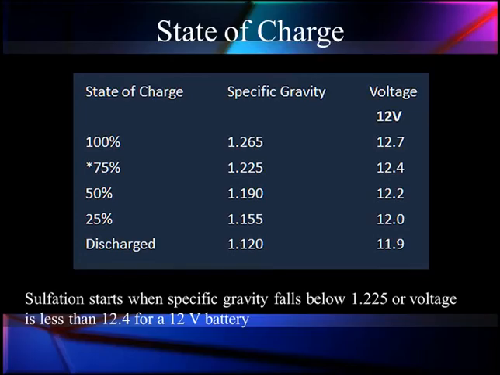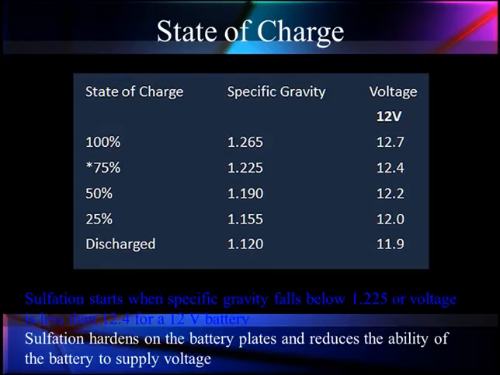Something starts happening to batteries when they get below 12.4. Sulfation, an insulation that increases internal resistance, starts to increase anytime the specific gravity gets below 1225. That's 1.225 for those of you who want to be specific. This sulfation causes problems. It increases internal resistance and is one of the causes of battery failure.